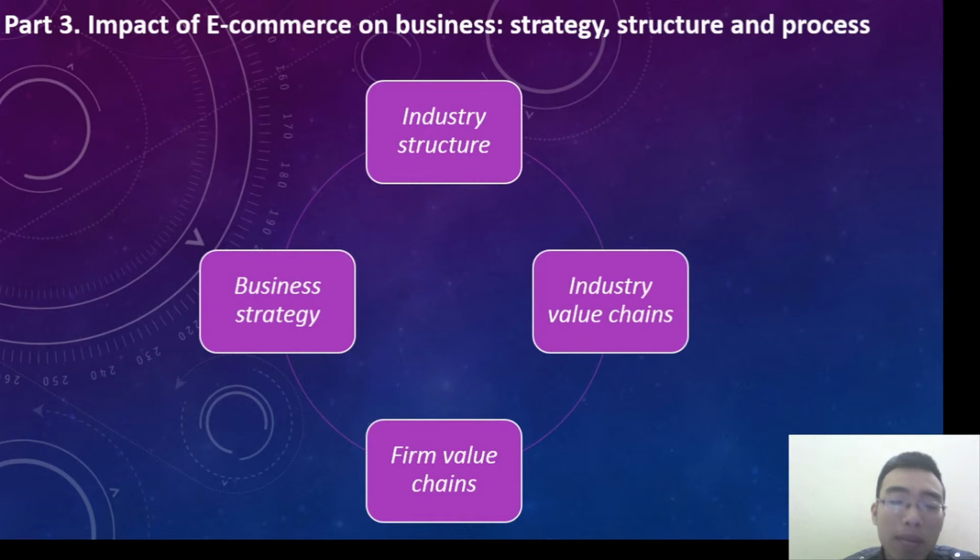It is the set of activities performed in an industry by suppliers, manufacturers, transporters, distributors, and retailers that transforms raw input into final products and services by reducing the cost of information and other transaction costs. The third one is firm value chains. It is the set of activities performed within an individual firm to create final products from raw inputs by increasing operational efficiency.